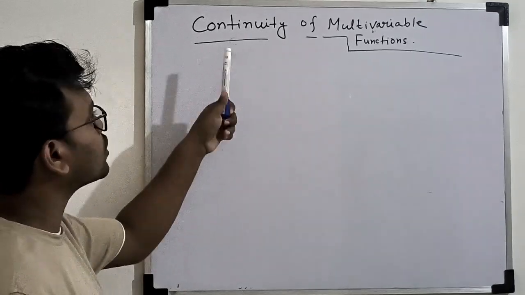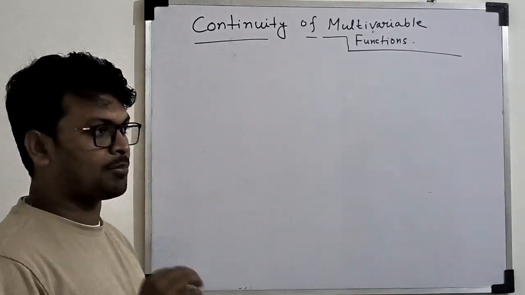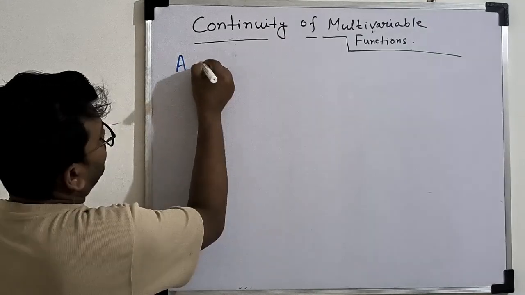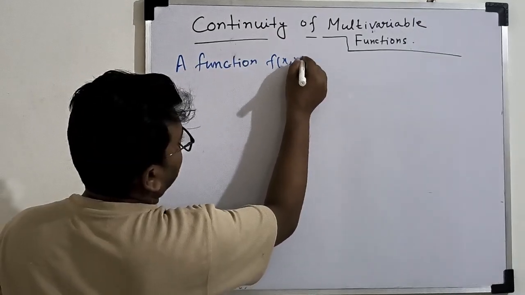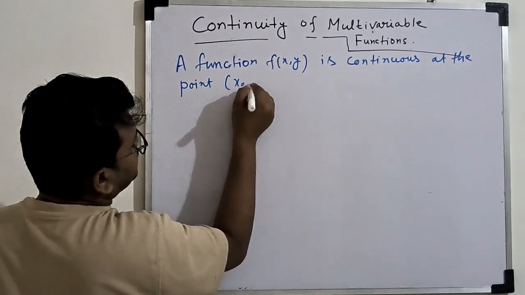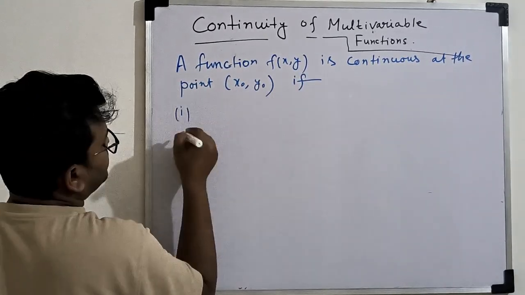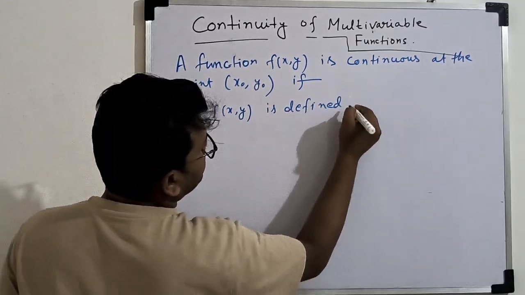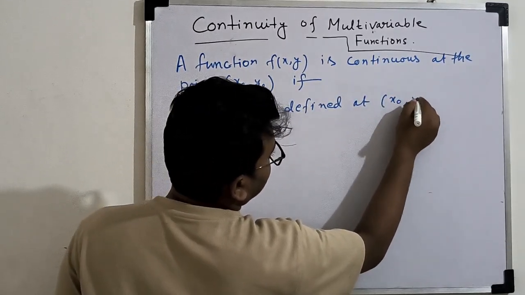Today I will discuss continuity of multivariable function. In the previous lecture, I have discussed double limit and repeated limits. A function f of xy is continuous at the point x0, y0 if first, f of xy is defined at x0, y0.